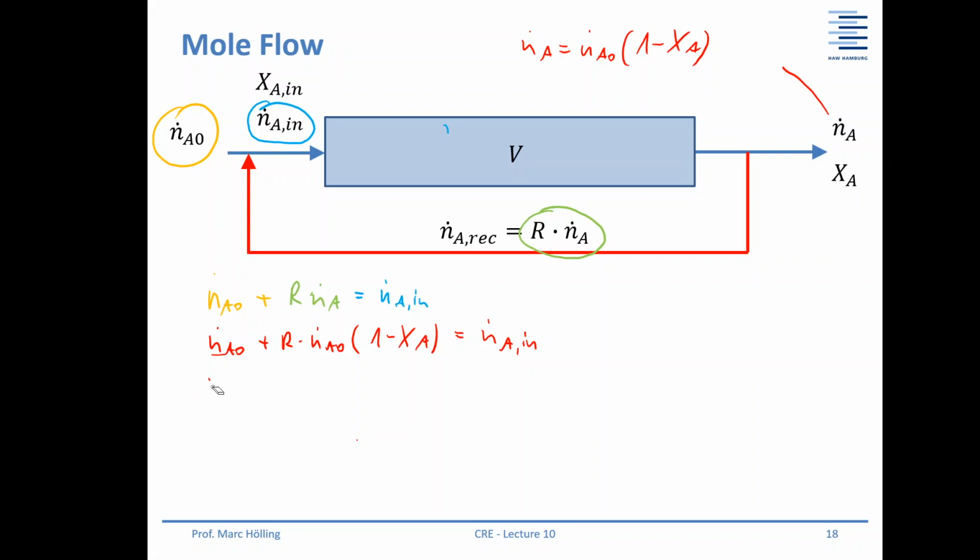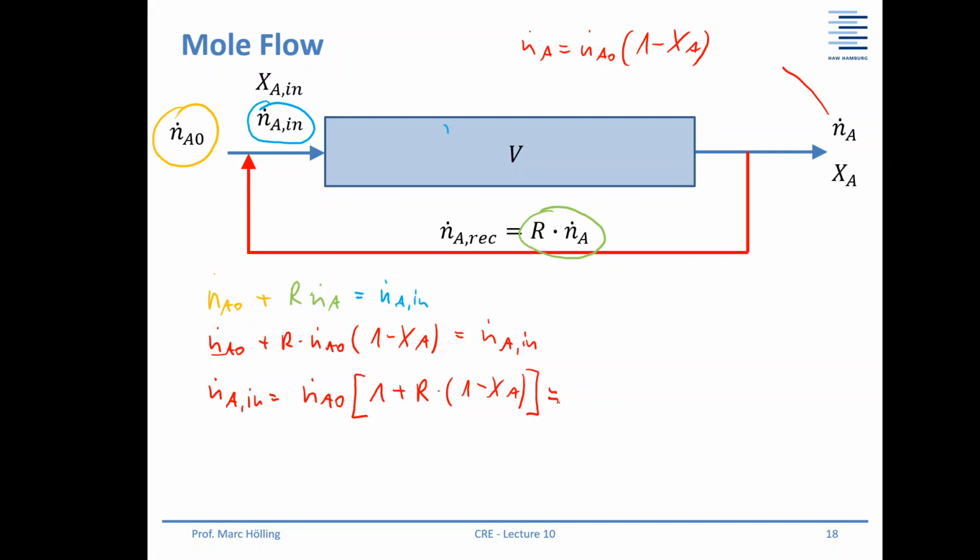N dot A in should be the same as N dot A0, the inlet mole flow, and then big brackets 1 plus R times 1 minus XA.